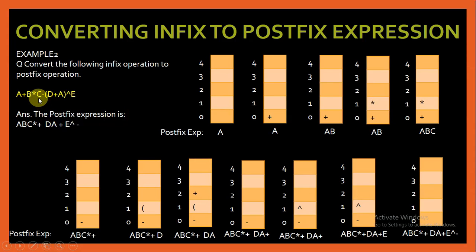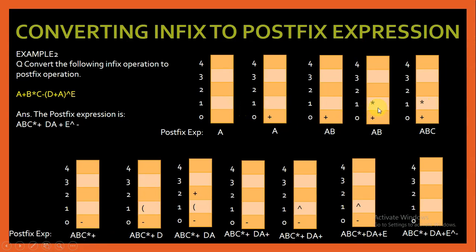The next symbol is C. C again is an operand, so this will be added to P without any changes in the stack. The stack will remain the same. Now the next scanned symbol is minus. Minus is first compared with the top of the stack. At the top of the stack we have the operator multiply, and multiply has more priority than minus. So this will be popped from the stack and added to the postfix expression.